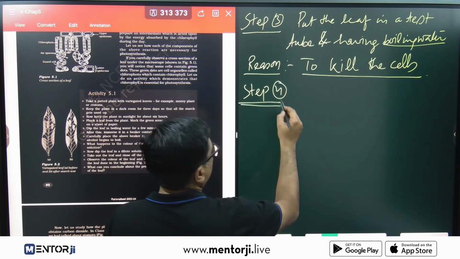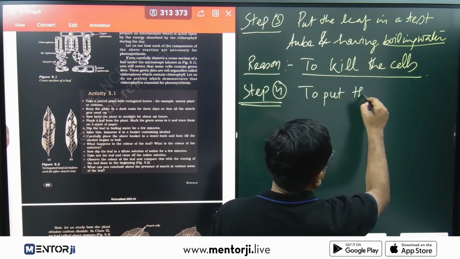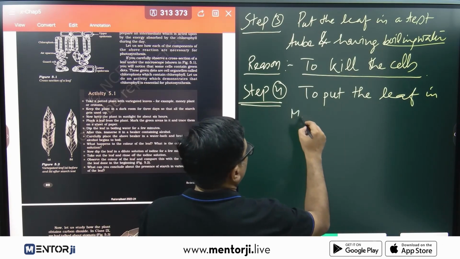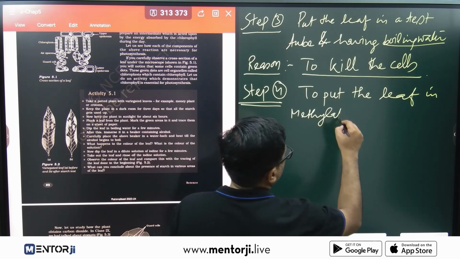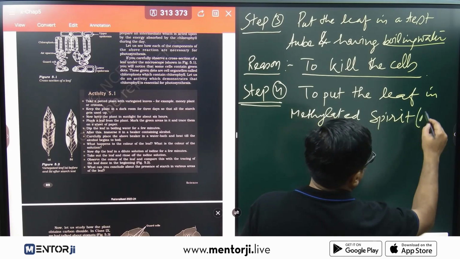Next is step 4. Step 4 is to put the leaf in methylated spirit or alcohol.